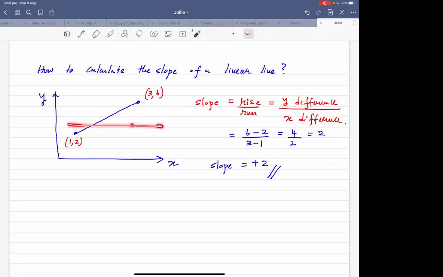Why? Because this angle is less than 90. So we are expecting a positive slope, right? So again, what is the slope? Elevation from the x-axis.